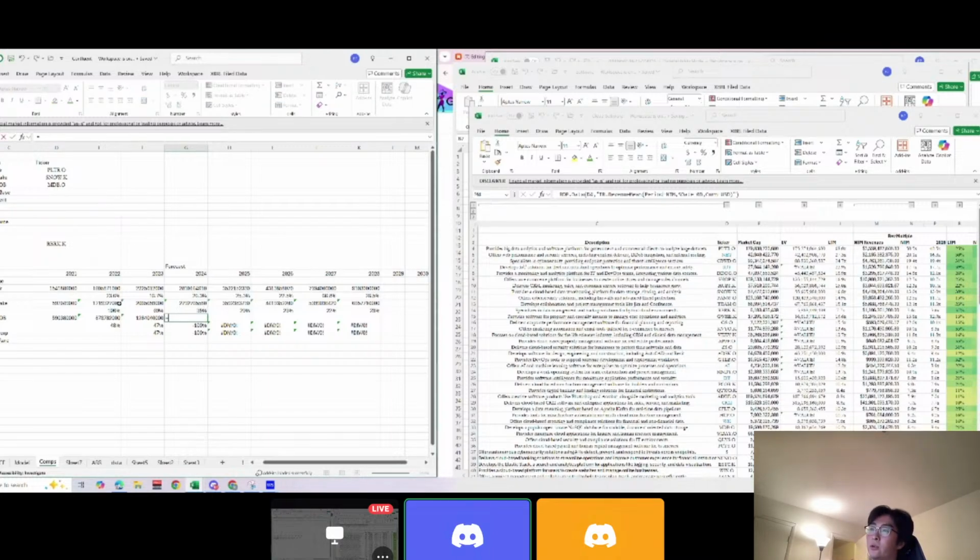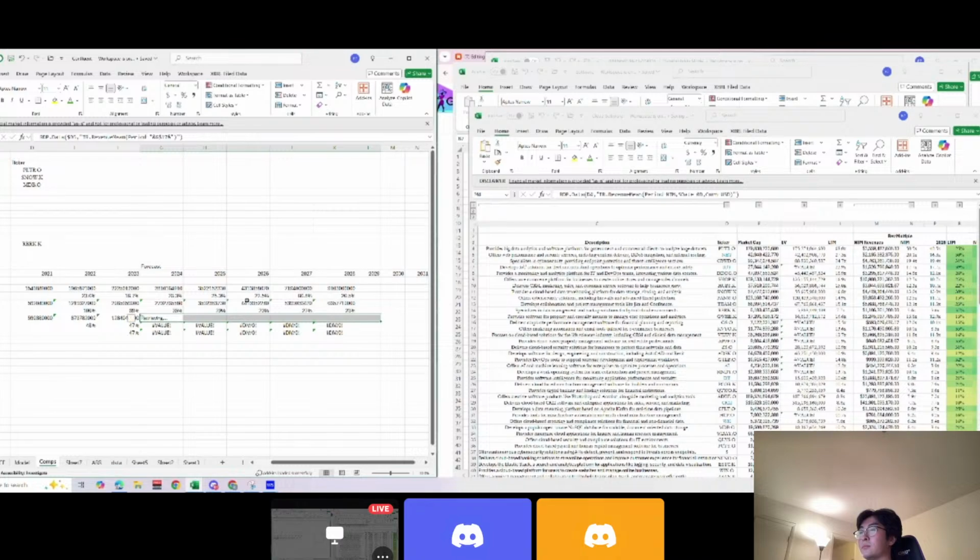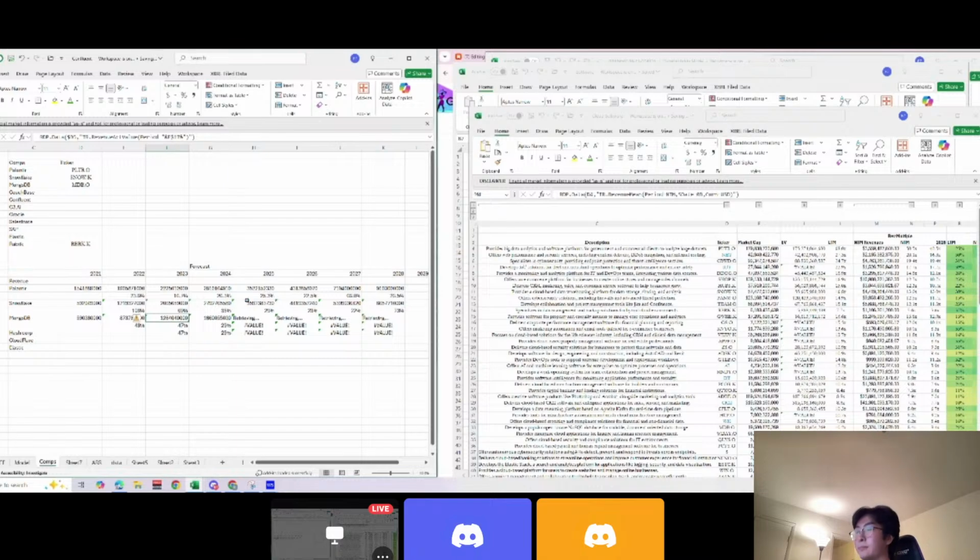Here's what to do. Couchbase, Confluent.